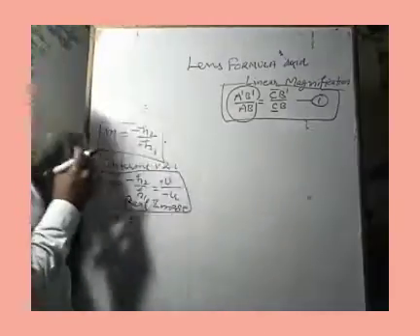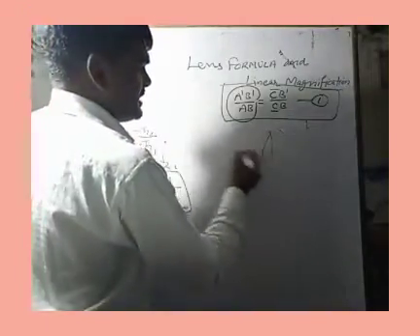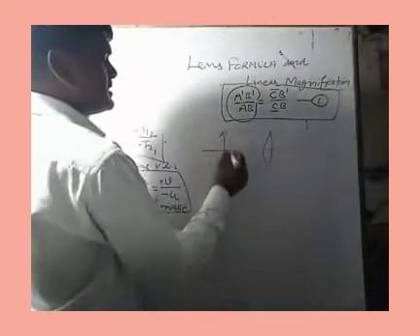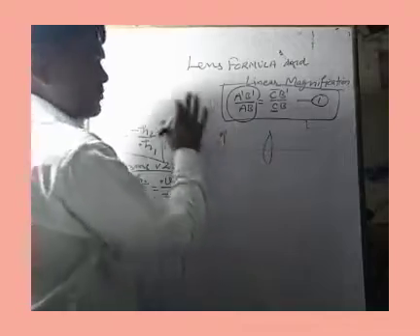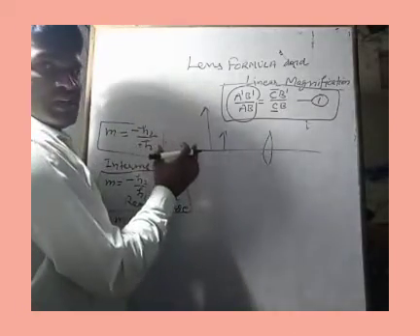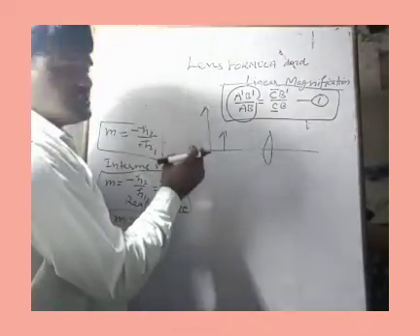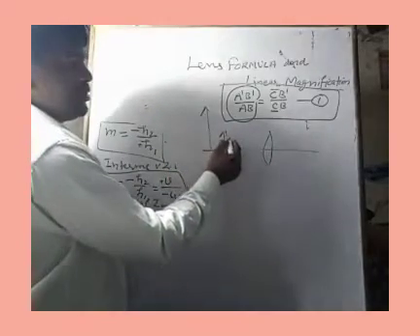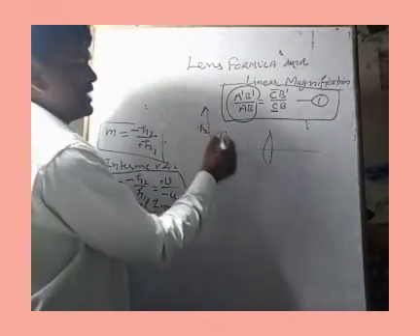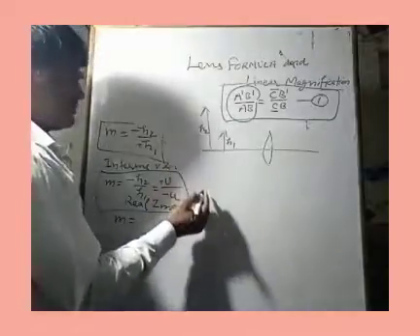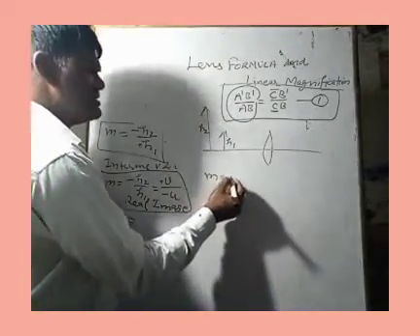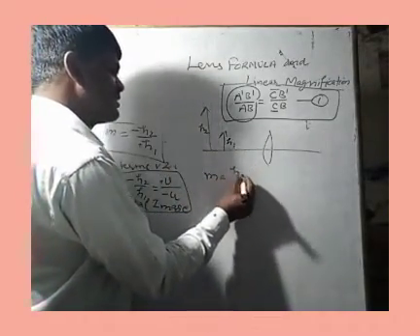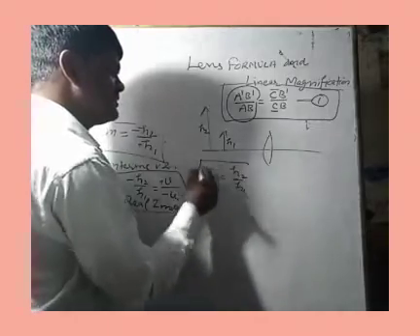Okay, my dear student, like that, if it was the lens and it was the object, virtual image may be formed somewhere. Okay, in case of convex lens, both H2 and H1 will be positive. So for virtual image, M is going to be positive.